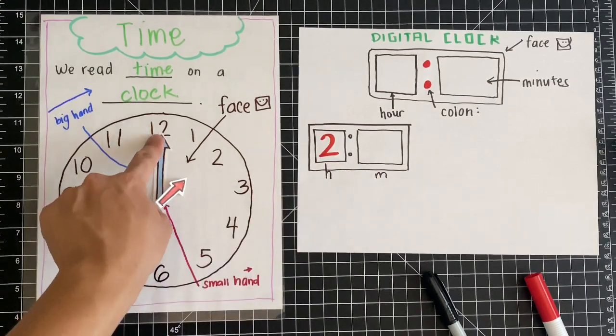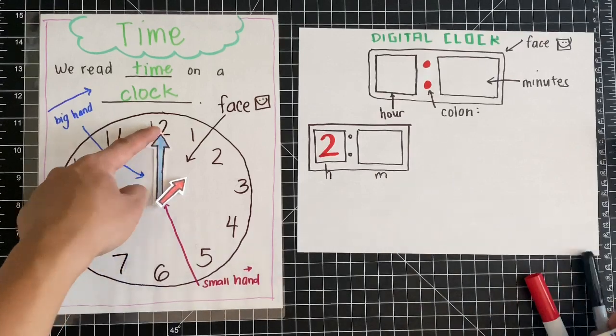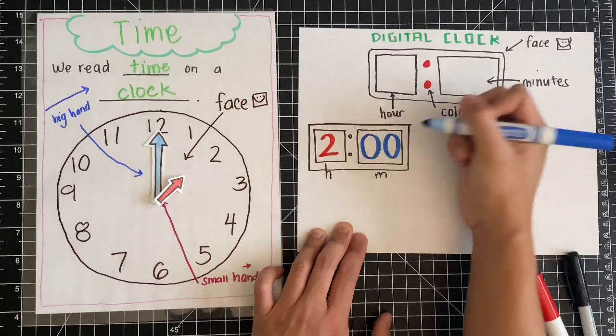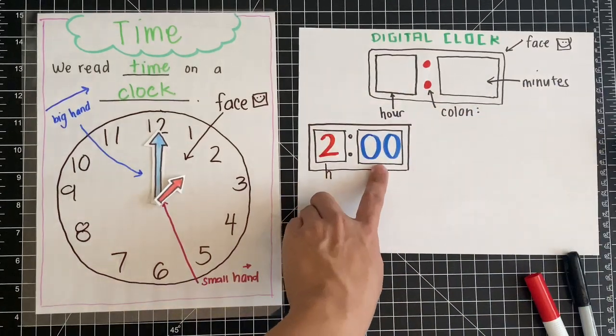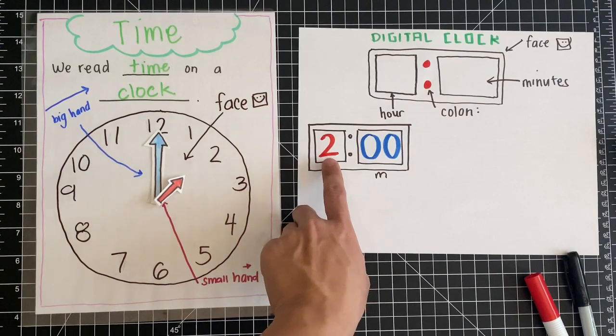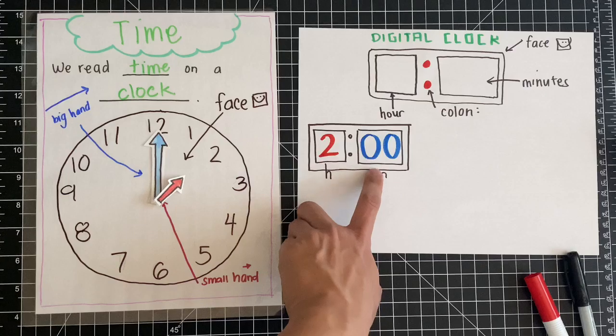Do we write 12? Is it 2:12? No, remember we put 0, 0, and this is how you read the time for 2 o'clock on a digital clock. 2 o'clock.